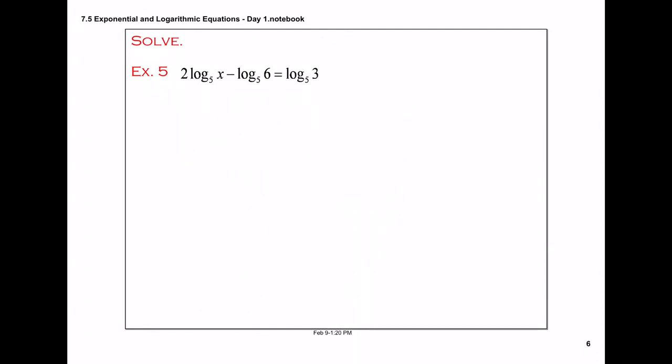In example 5, we have 2 times log with a base 5 of x minus log with the base 5 of 6 is equal to log with the base 5 of 3. So the first thing I notice is I want to use my power property and rewrite this as log with a base 5 of x squared minus log with a base 5 of 6 equals log with the base 5 of 3.